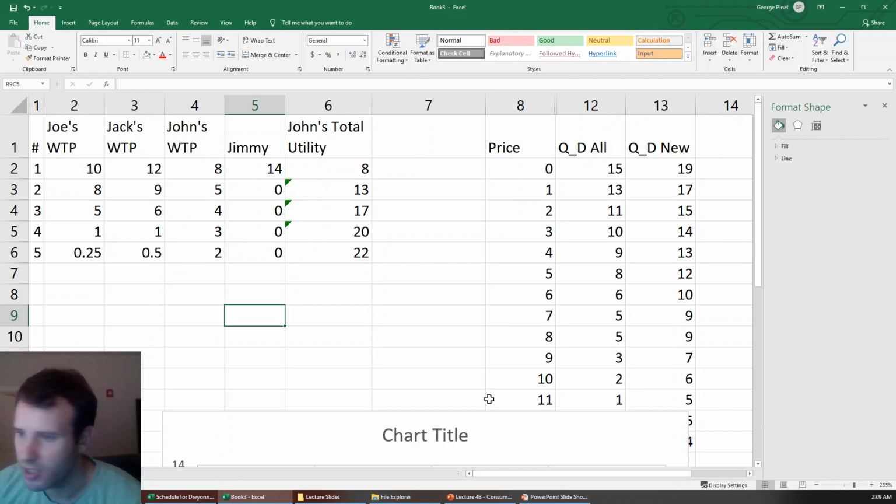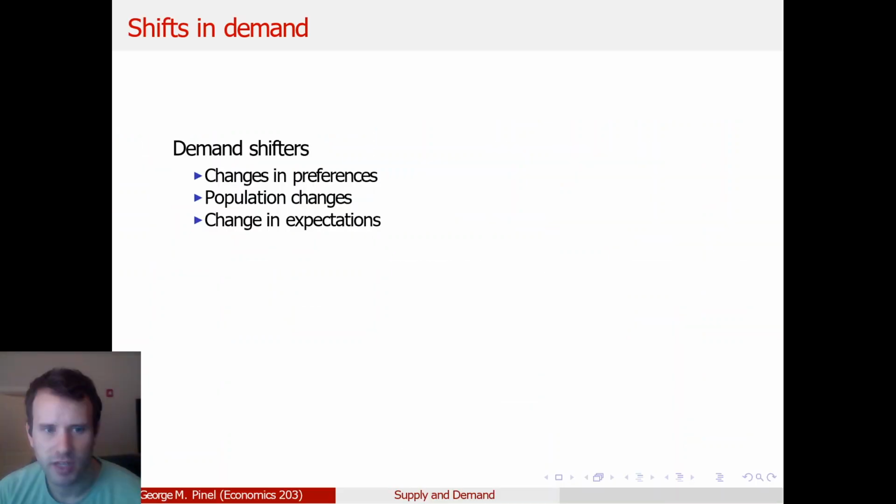What else? Changes in expectation. So if you expect that hot dogs are going to increase in price tomorrow, you might consume more hot dogs today. Maybe hot dogs is a bad example for this particular case, but if you expect oil or housing to increase its price tomorrow, you might buy more housing today.